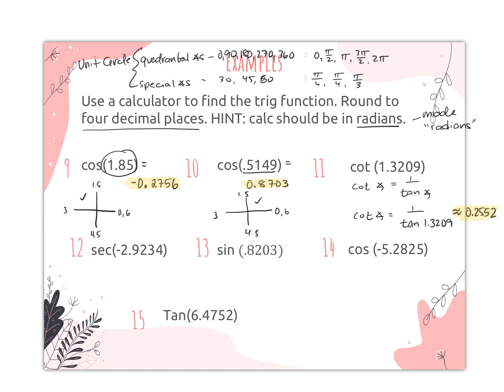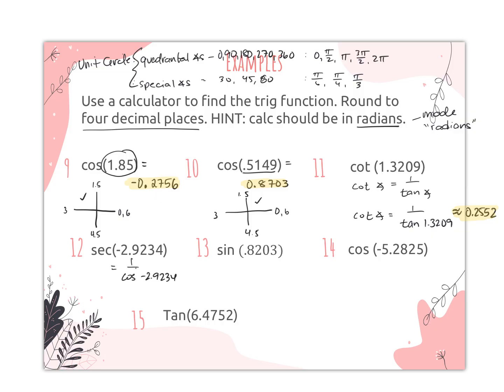Again, secant of negative 2.9234 radians. I know that the secant is going to be equal to 1 over the cosine of that exact same number.